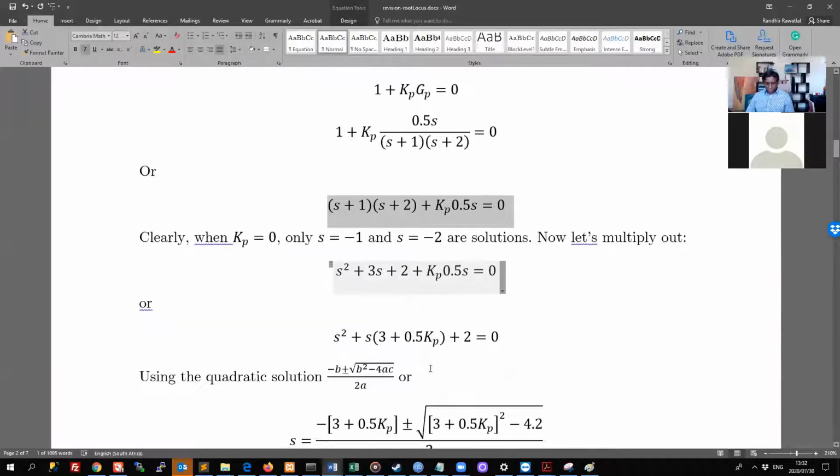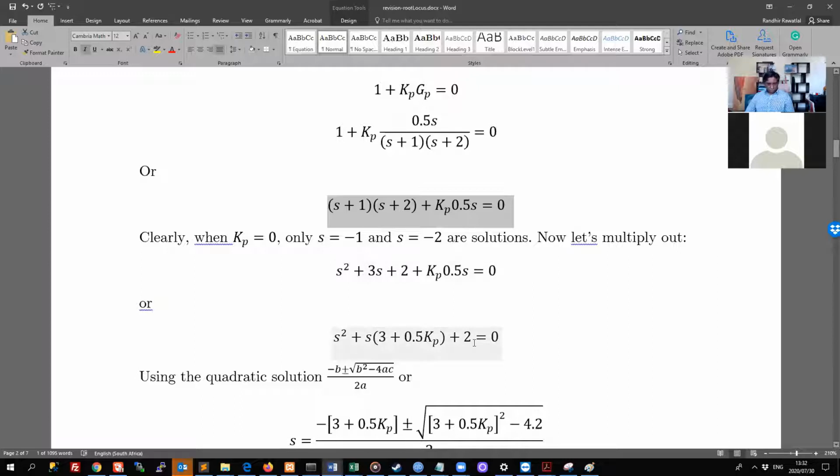And let's see. We can, of course, multiply this function out. So we can say, okay, that's nice to know that we start at these 2 points. And now we are interested in values besides just Kp equals 0. So it's useful also to just multiply this whole thing out, which we do here. So of course, s squared plus 2s plus 1s is 3s, and then the 2 here, and then that term stays.